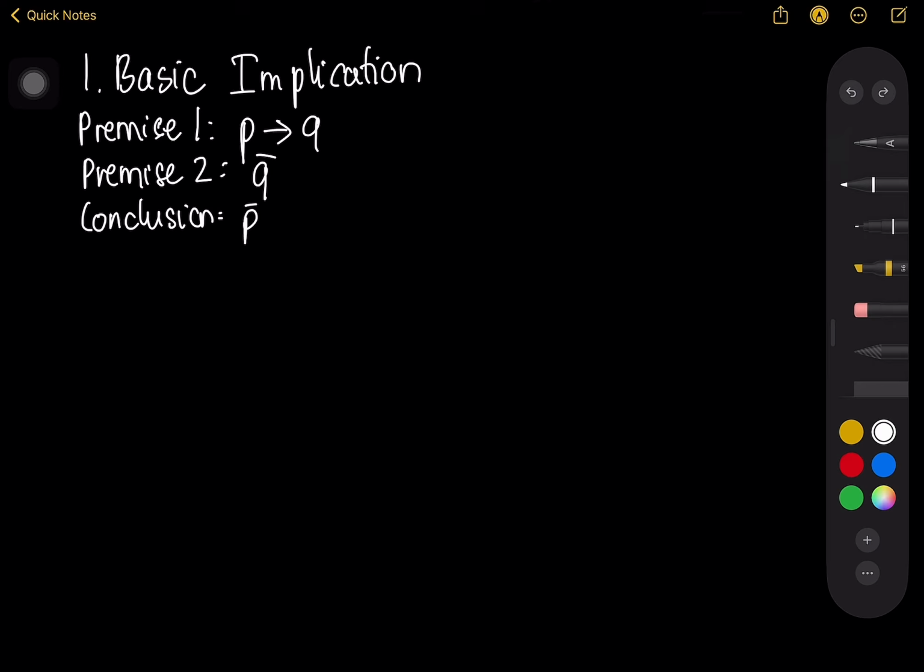Okay, what is a truth tree? A truth tree is a way to visualize whether a set of premises logically entails a conclusion. It works on the quote-unquote search for a counterexample principle.